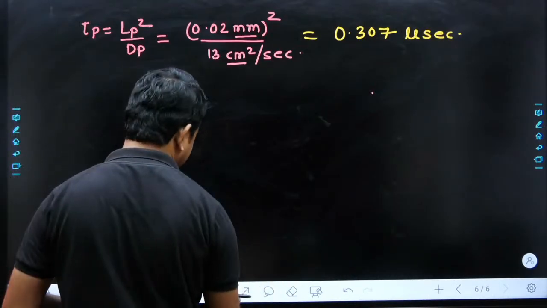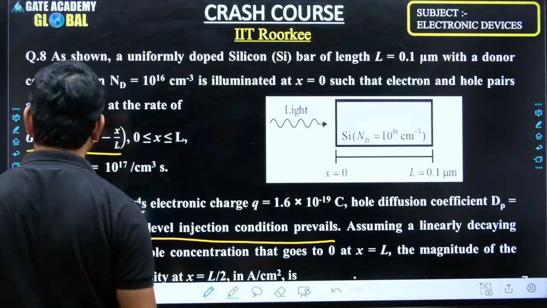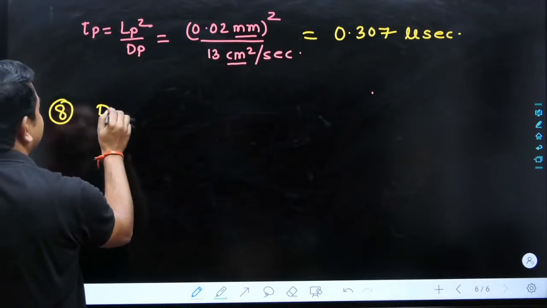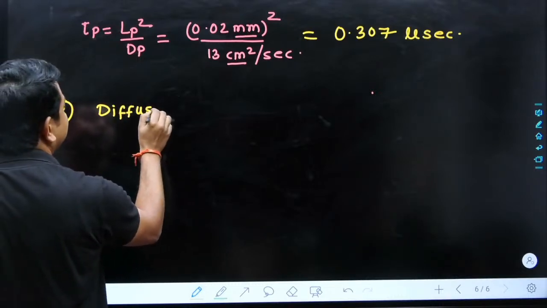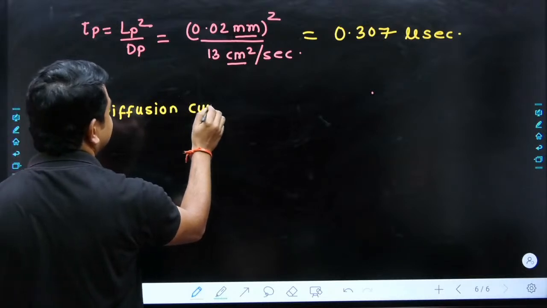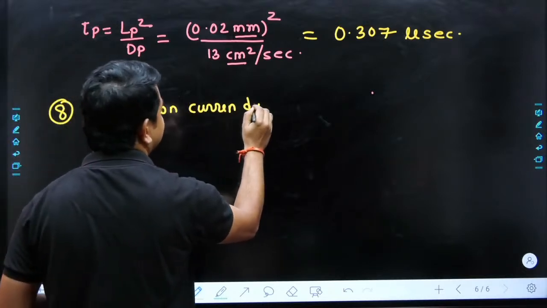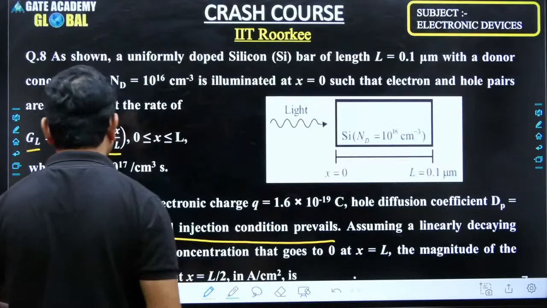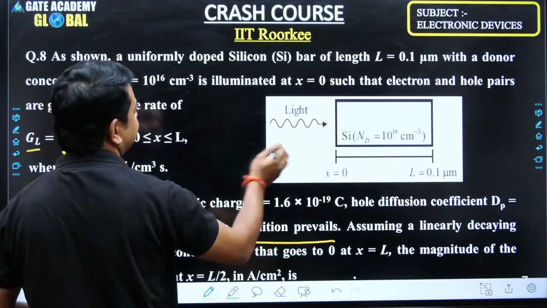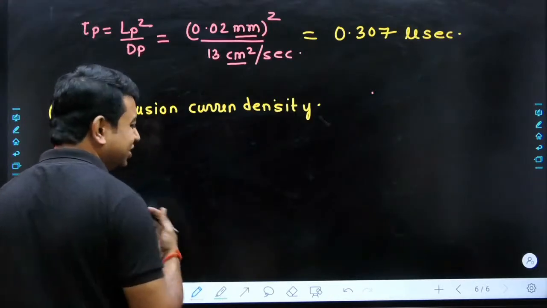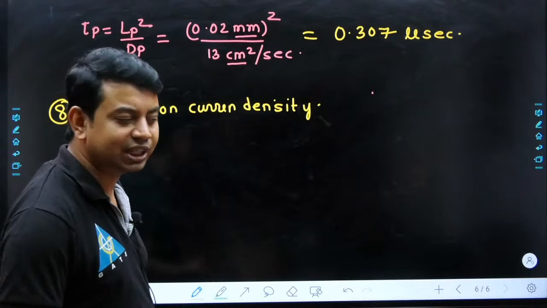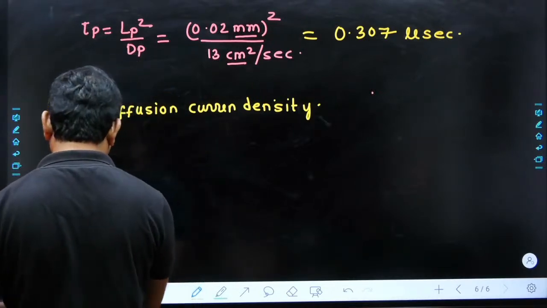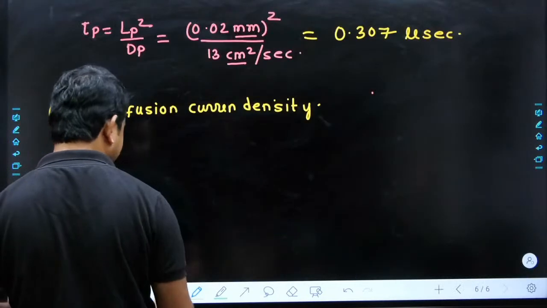So we write here, in this question, question number 8, first we have to find the diffusion current density. Now what is the type of semiconductor? The type of semiconductor is N type. So which charge carriers are diffusing inside this semiconductor? The charge carriers diffusing inside the semiconductor are nothing but the holes.